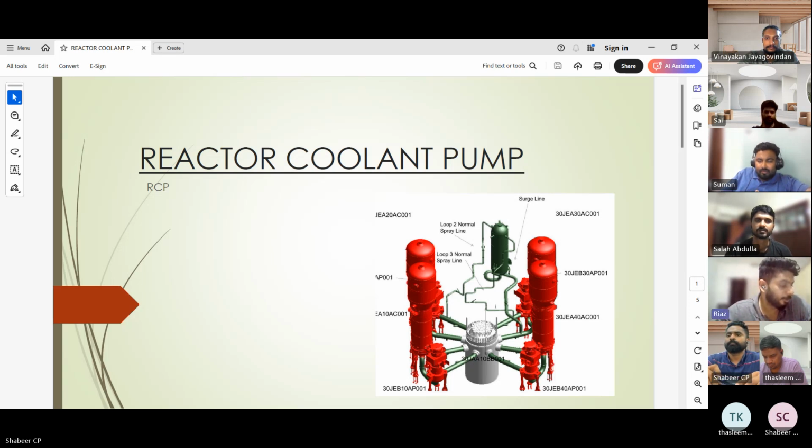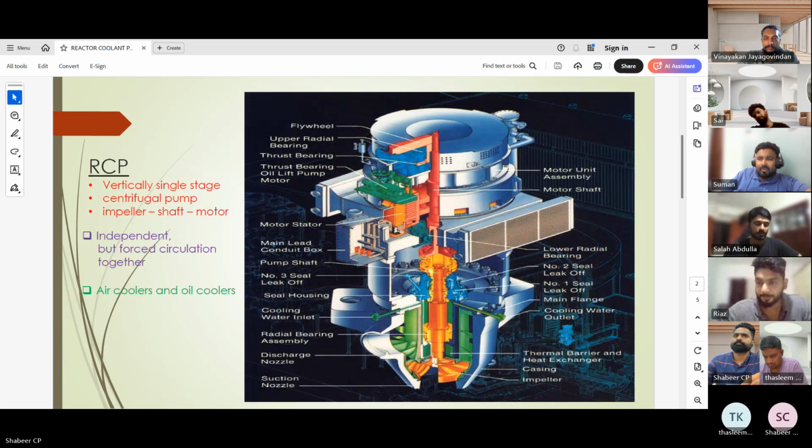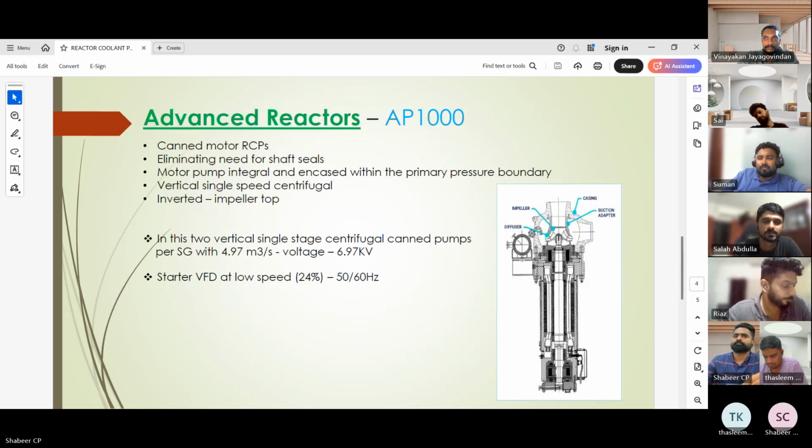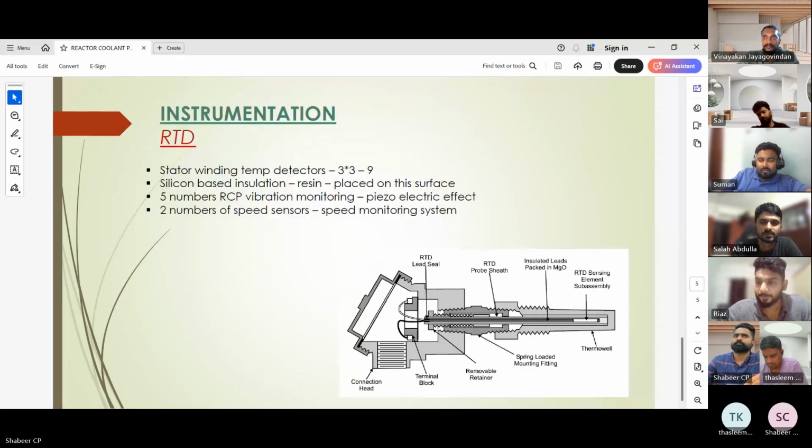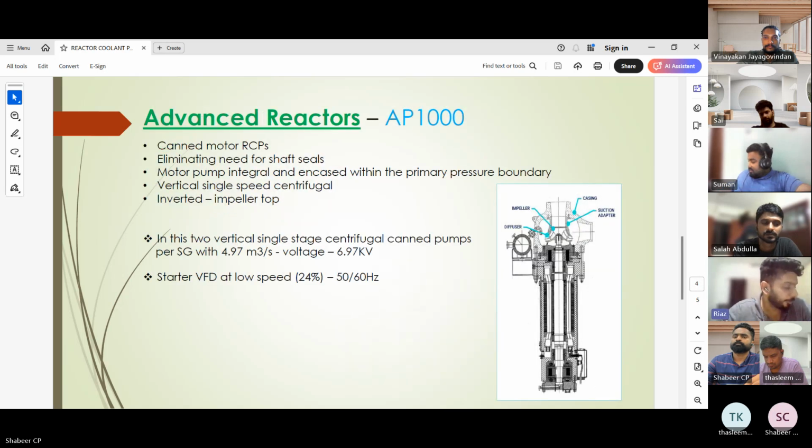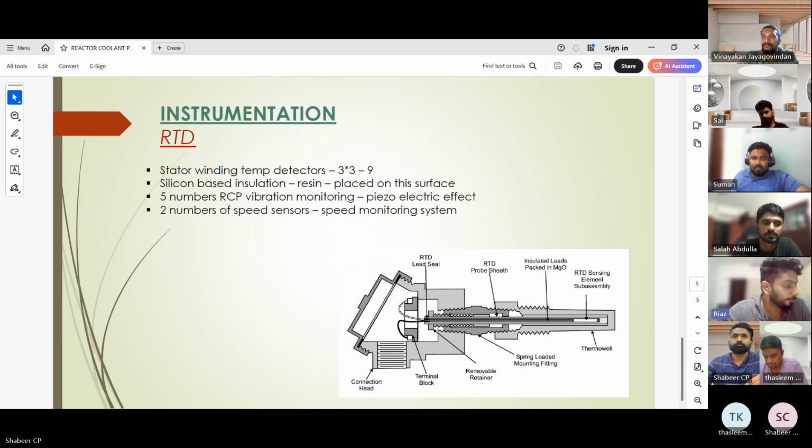If there are no further questions, we can move on to Vinay. Hi, if you have any question regarding the instrumentation part of the RCP?